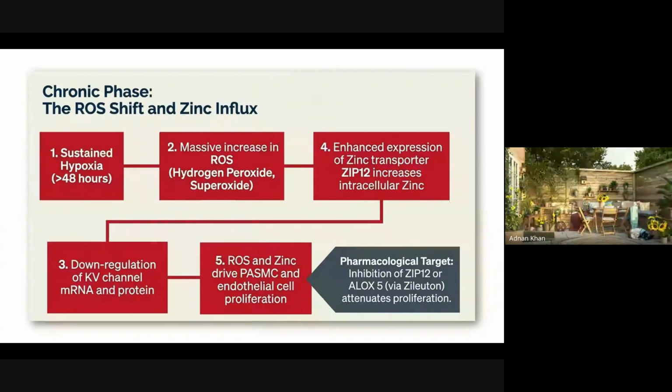Chronic hypoxia also upregulates the zinc transporters, which increases intracellular zinc and promotes proliferation of the pulmonary artery smooth muscle and endothelial cells. These molecular events produce vascular remodeling and medial hypertrophy.